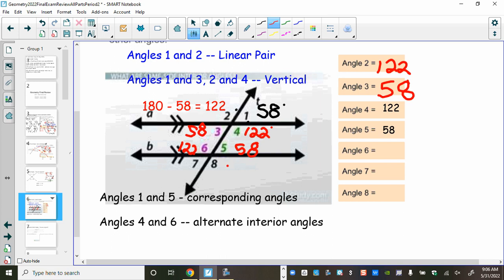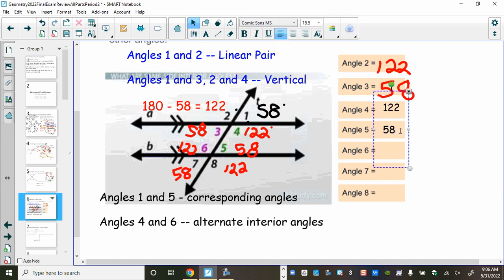And then 6 and 8 are going to be congruent because they're vertical. So are 5 and 7. But there's multiple reasons.